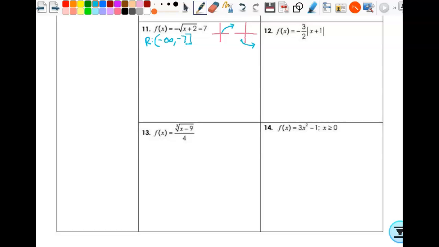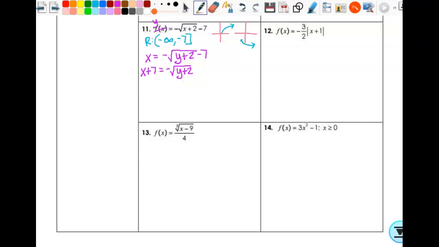All right, so I'm going to switch x and y. Then I'm going to get x equals negative square root of y plus 2, minus 7. Okay. So I'll add 7 to both sides. I get x plus 7 equals negative square root of y plus 2.